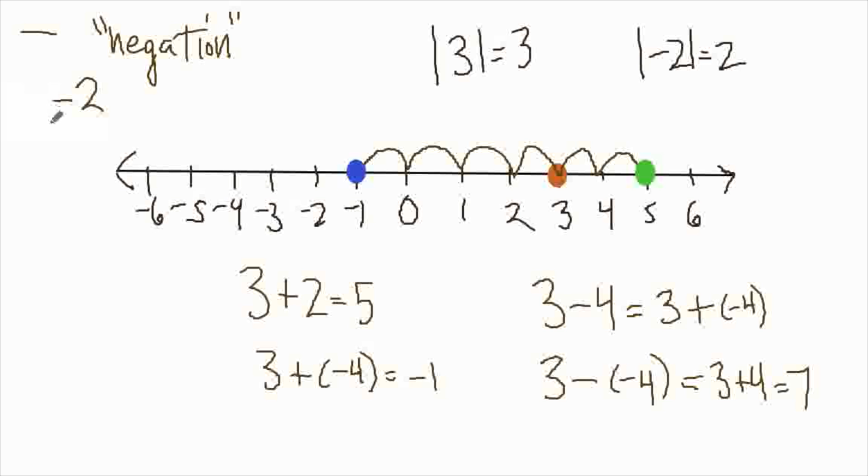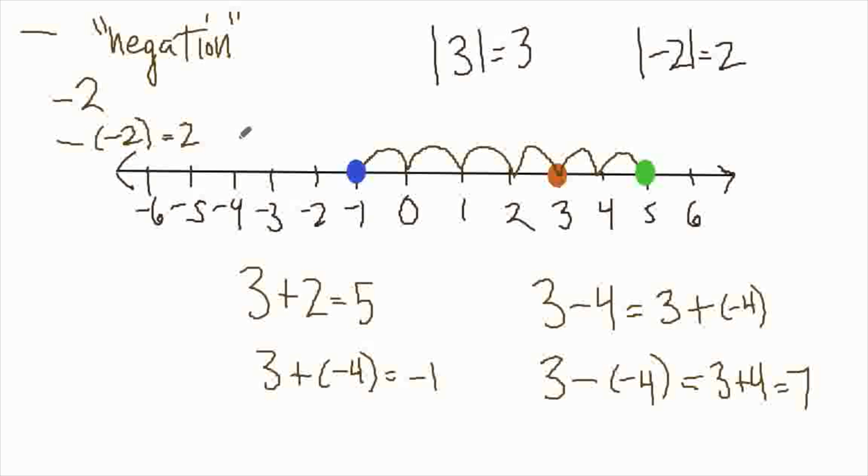Now, what if I had a negation of a number that's already been negated? One of them switches the sign, so inside the parenthesis you switch the sign of a 2 to a negative 2, and then the other negation switches it again, so now you have a positive 2.